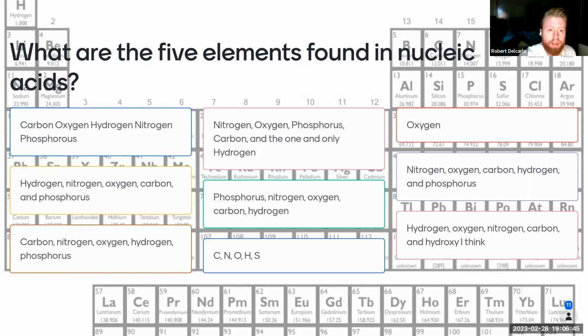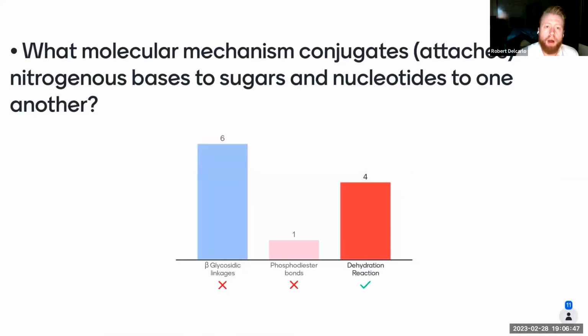I see some of you already answered that. So what molecular mechanism conjugates or attaches nitrogenous bases to sugars and conjugates nucleotides to one another? It looks like we had a little bit of confusion here. I used the beta glycosidic linkage as an example of a molecular mechanism that's called the dehydration reaction.